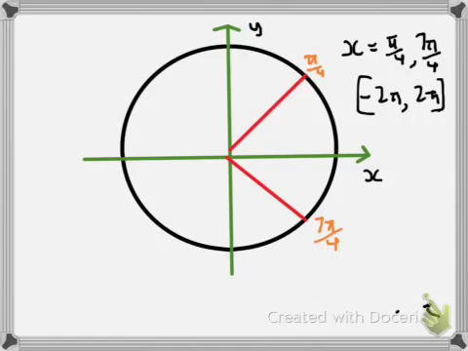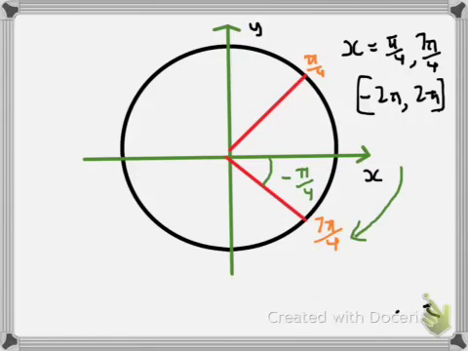Remember, when we're looking at negative angles, we're going around in a clockwise direction as opposed to a counterclockwise direction. So we're going around this way. So that angle there of 7 pi on 4 is actually the same as the angle negative pi on 4. Okay, if you can see, we've gone around there, negative pi on 4. So that's the angle that's equivalent to 7 pi on 4.